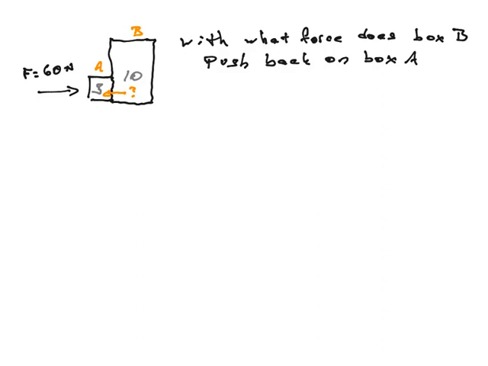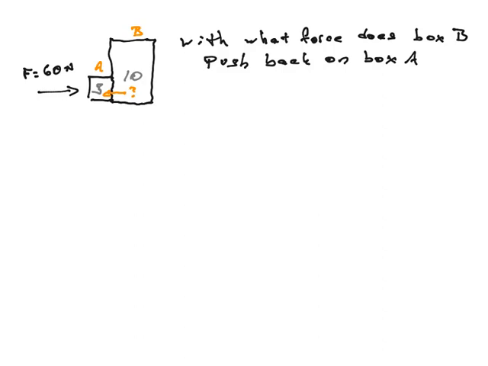This is a Newton's third law problem, because the first question one should ask is, well, how do we even know that box B pushes on box A? All I know is I'm pushing on box A. So why must there be some force because of B onto A? And the reason we know is Newton's third law. Consider it like this. I push on box A with this 60 Newton force. What happens?